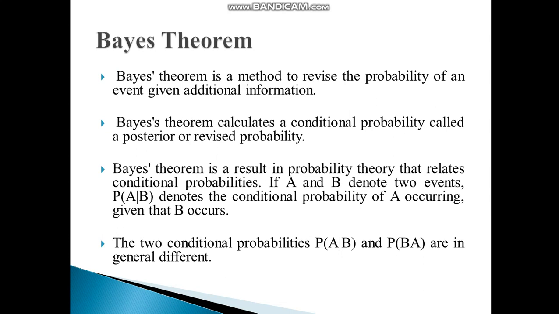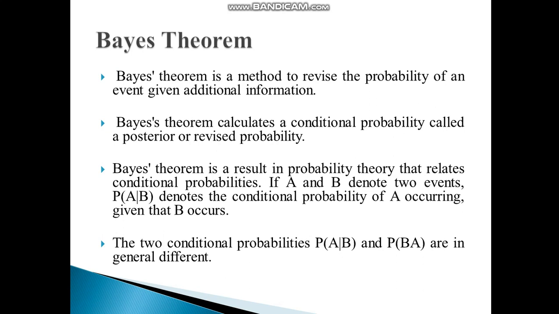Next, let's see about Bayes theorem. Bayes theorem is a method to revise the probability of an event given additional information. Bayes theorem calculates a conditional probability called a posterior or revised probability. Bayes theorem is a result of probability theory that relates conditional probabilities.